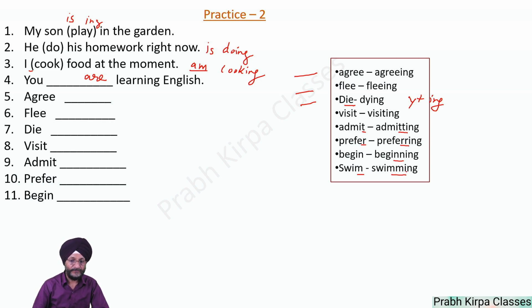You have to go through the various verbs in your notebooks or on Google and find out what the various verbs are and how they become when we add ing. That is how we will use any type of verb in the present continuous tense.